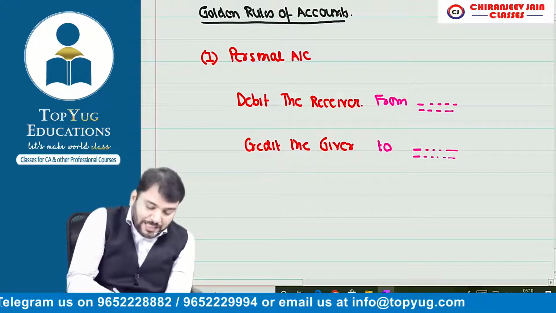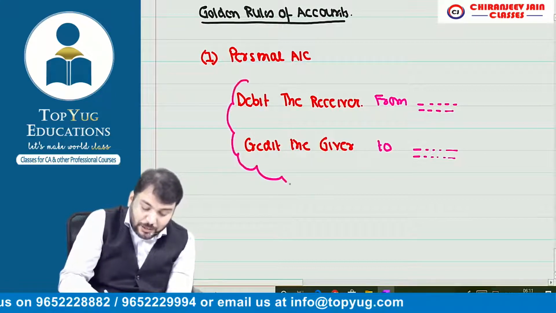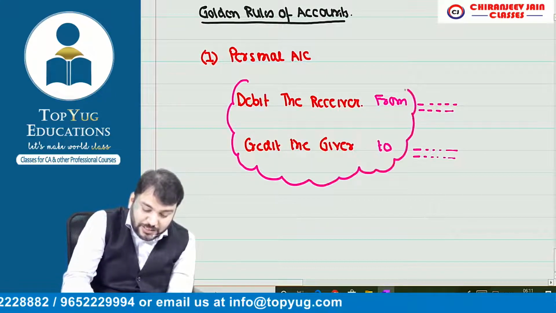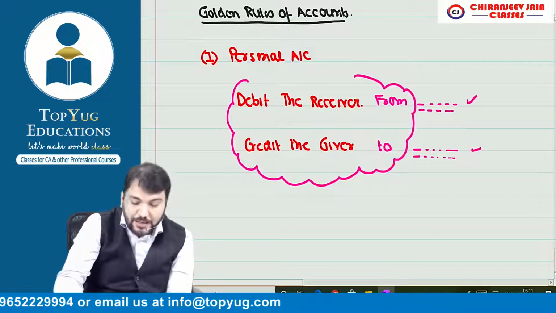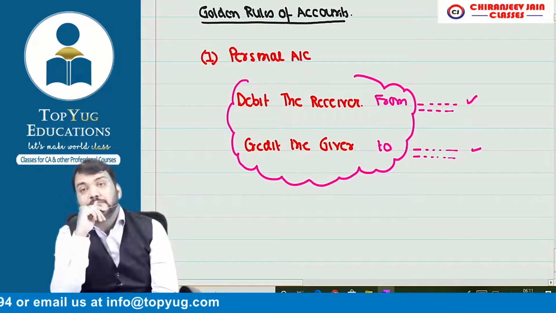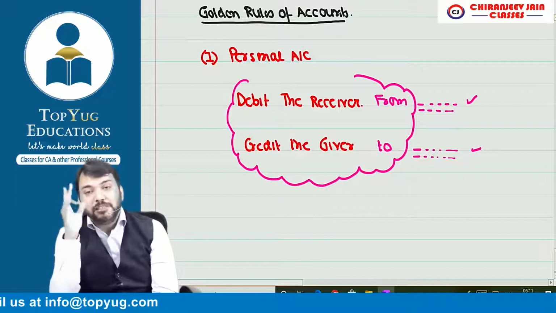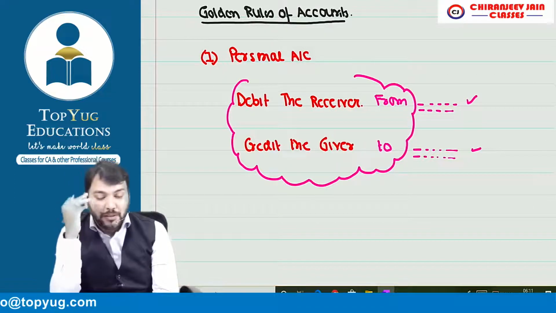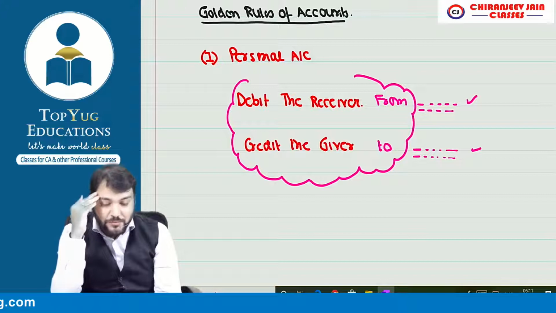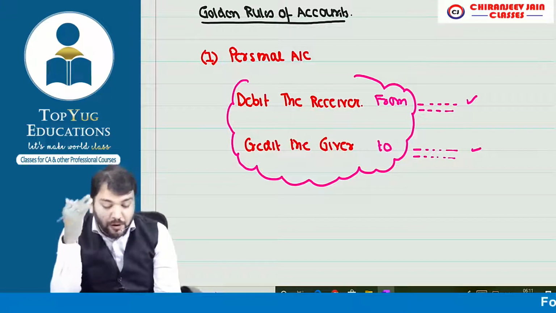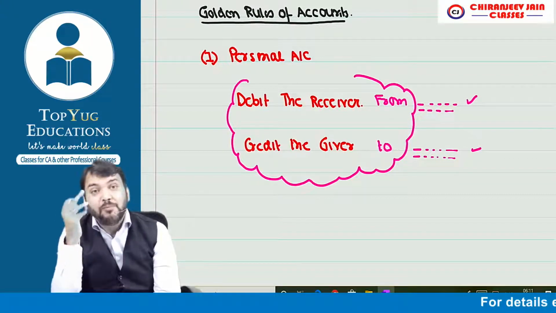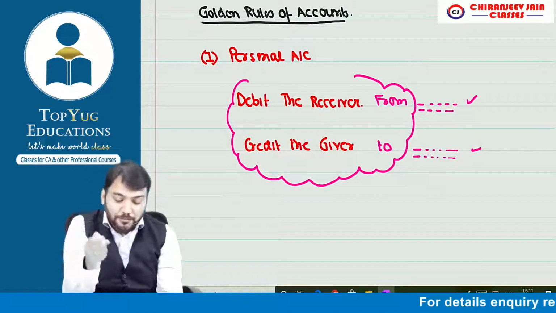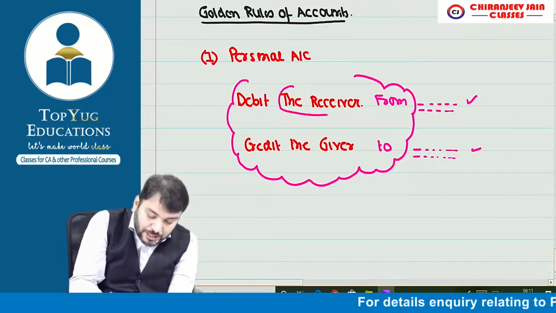Look, you have memorized the rule. Everyone has done the rule. Just try to understand. But you don't know this. This is known as rattafication, which means no conceptual study. Everyone is saying wrong. Debit the receiver from, means receiver from what?